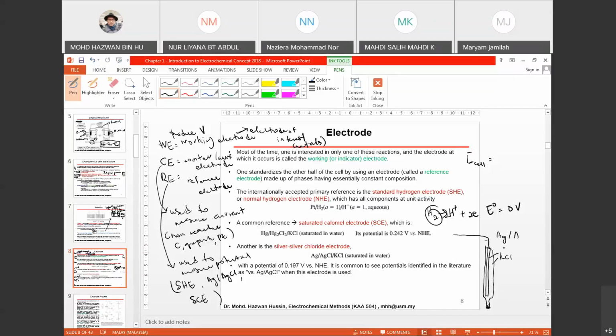It uses silver wire. And then you also have saturated calomel. Saturated calomel is a bit complicated, because you have mercurous chloride, Hg2Cl2.